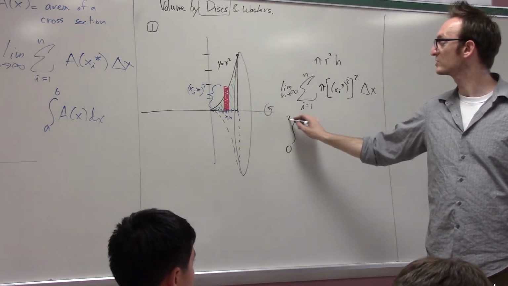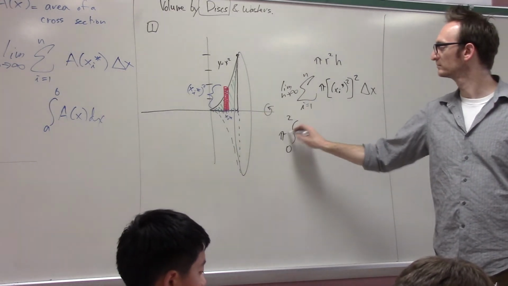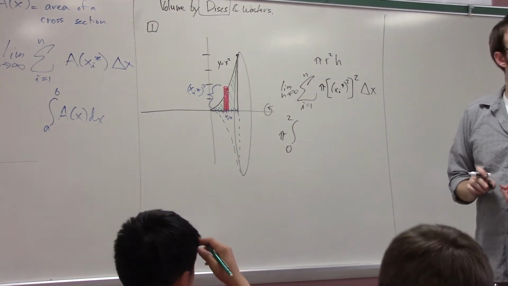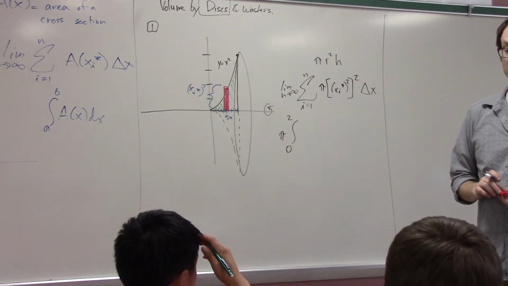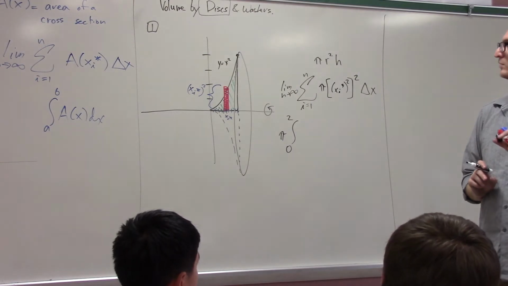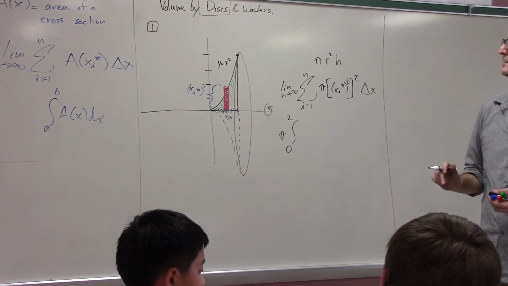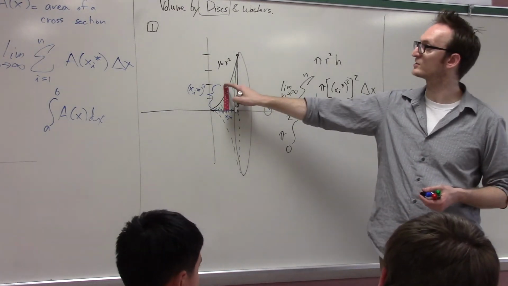The integral from 0 to 2. The function is x squared, but the value of the function is the radius.